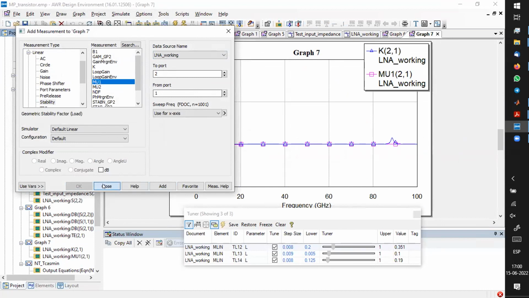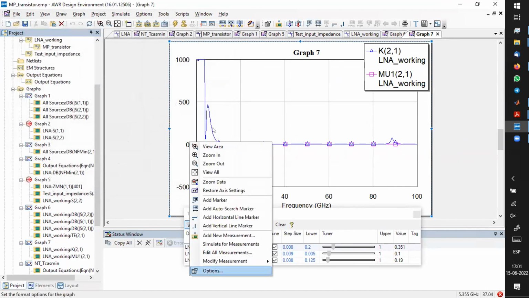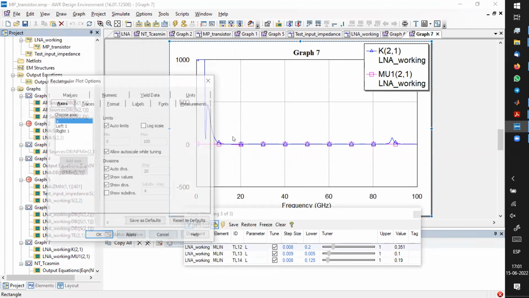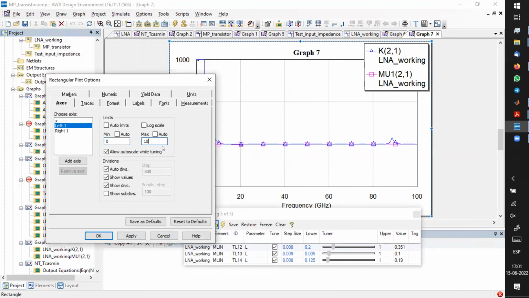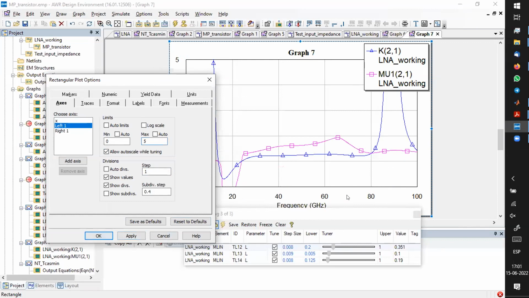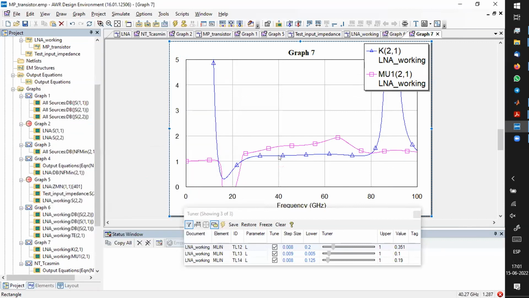And then scale the y-axis 0 to 10, for example. Okay, yeah, it looks good. So it's unstable at 20 gigahertz, where we have the peak. So that is what we need to fix tomorrow.